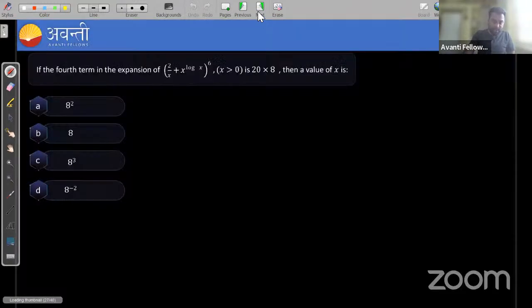And in the next class we'll start from middle term or greatest term. How to find the middle term of a binomial expansion, greatest term of a binomial expansion, and what is the binomial theorem for any index, we'll study. This is the binomial theorem we are discussing, where the index is a non-negative integer.